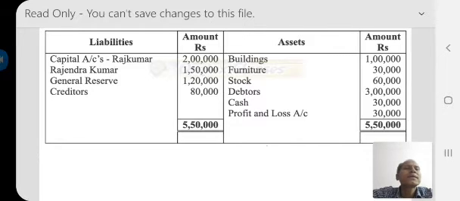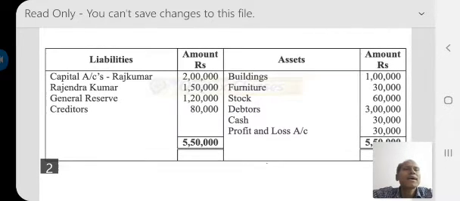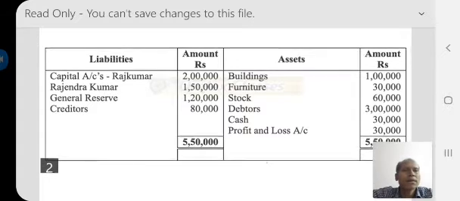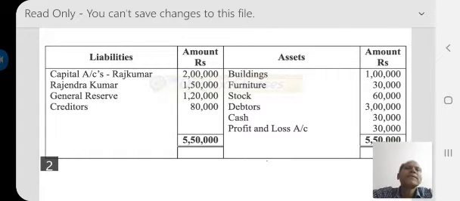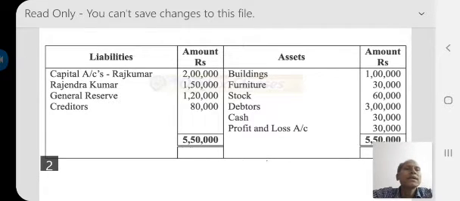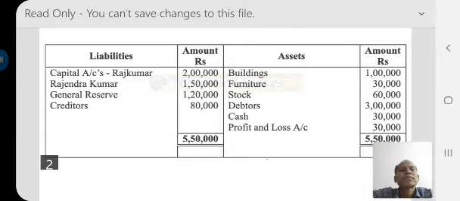If it is at the assets side, it is loss. If it is shown at the liability side, it is profit. In this problem it is shown at the assets side, so it is loss.